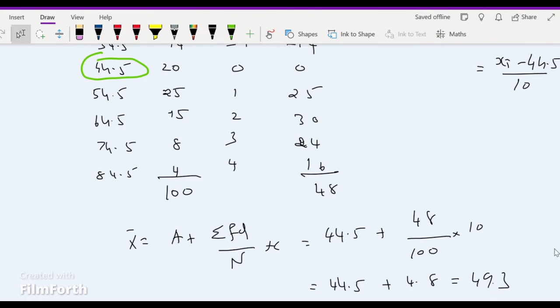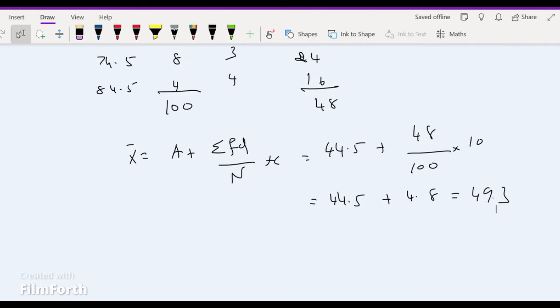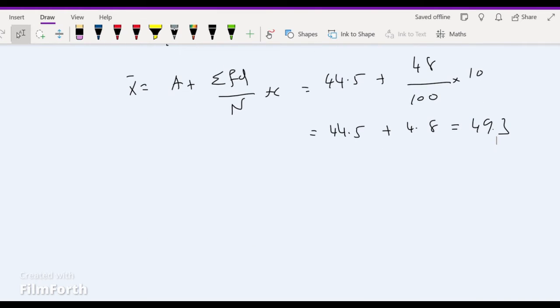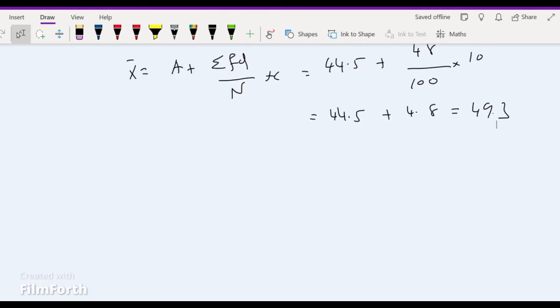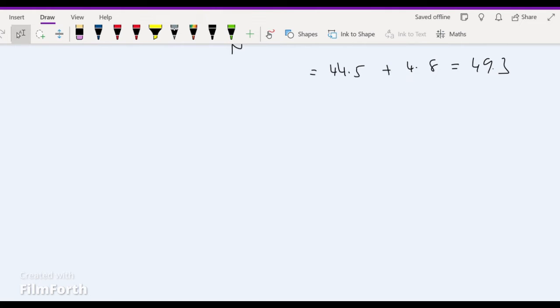So if the class interval is given, first we find the mid value of x, then find d, and substitute the values in that formula, and we can get the solution.